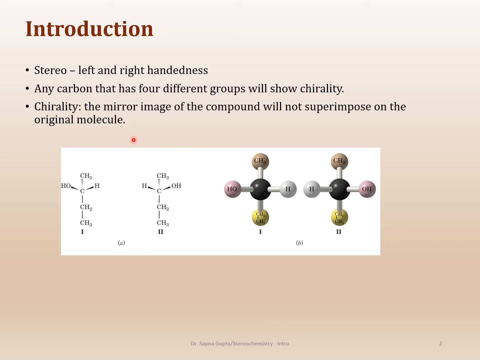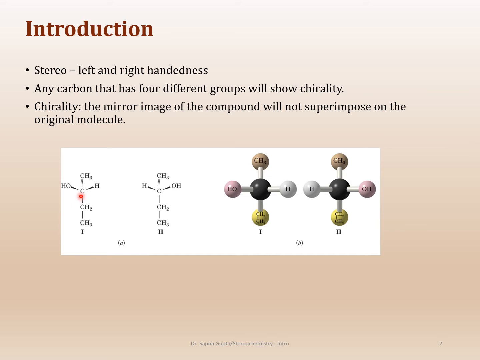Chirality means that if you take a molecule which has a carbon with four different groups around it, and you show a mirror to it, then you'll have the mirror image of that molecule. If you take that mirror image out of the mirror and try to superimpose it on the original molecule, it's not going to happen.